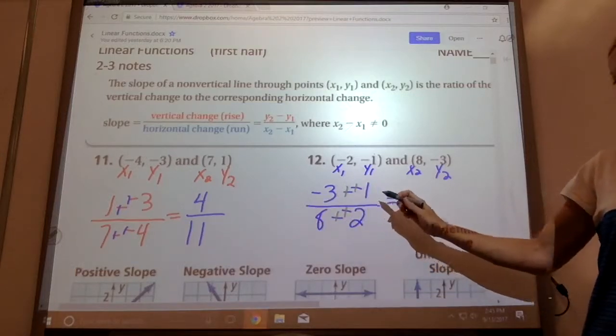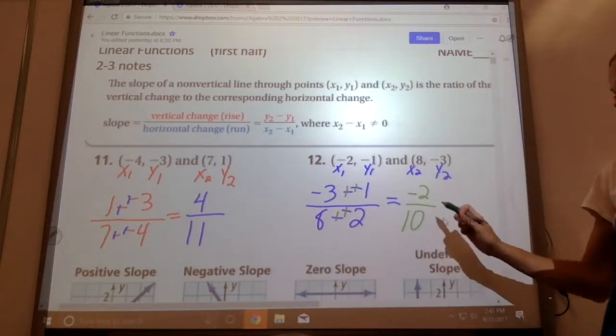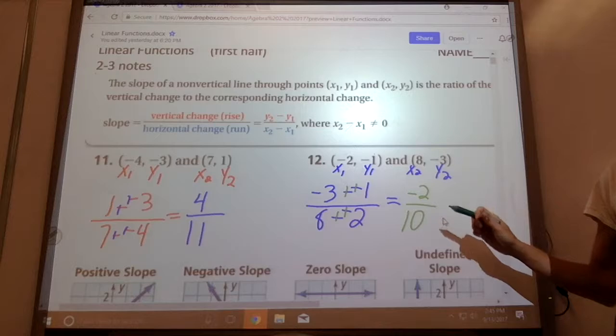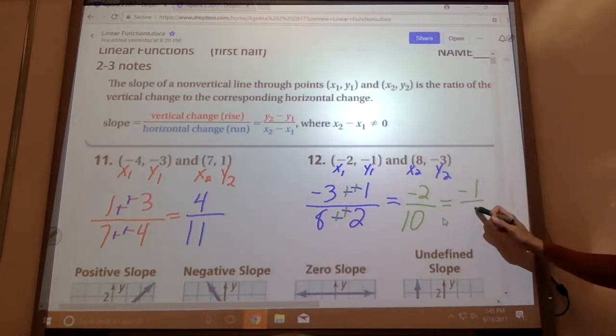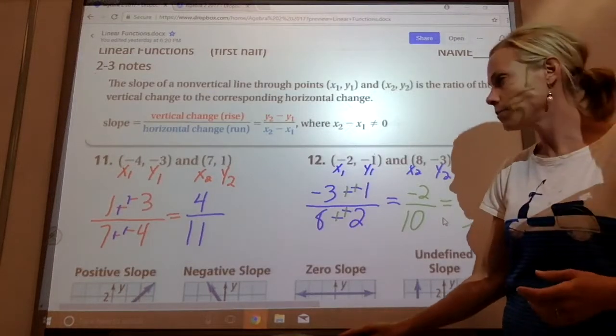Negative 3 plus 1 is negative 2. 8 plus 2 is 10. But if I can reduce my slope, my fraction, I do that. 2/10 will reduce into negative 1/5. Very good. Okay, so always reduce if possible.